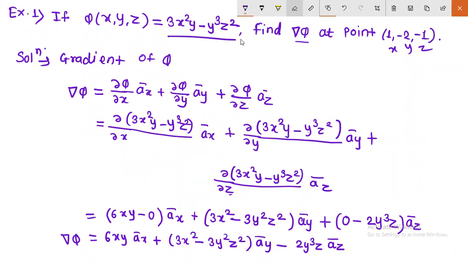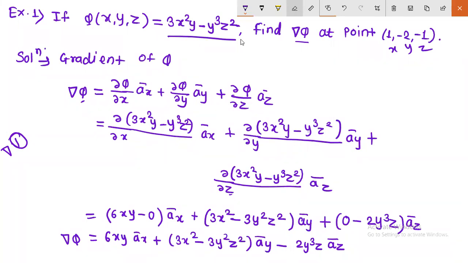For gradient, del phi is equal to del by del x. Now here the scalar quantity will change. We have seen the formula for del of v, where v is a vector quantity, but here phi is given as a scalar quantity, so you have to change the formula accordingly. It is del phi by del x a bar x plus del phi by del y a bar y plus del phi by del z a bar z.